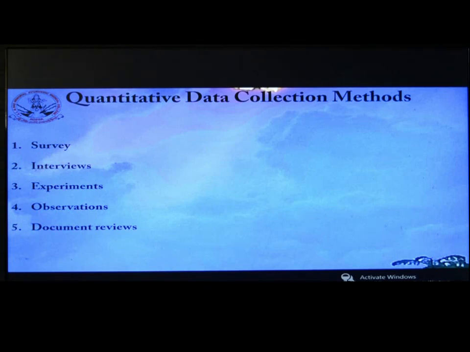Laboratory or controlled experiments, meaning clinical experiments we can say also. These are performed in controlled conditions either in laboratory or elsewhere. Participants are randomly allocated to groups and experiments are executed based on standardized procedures.